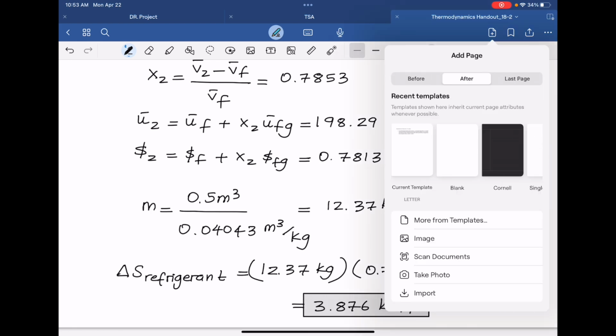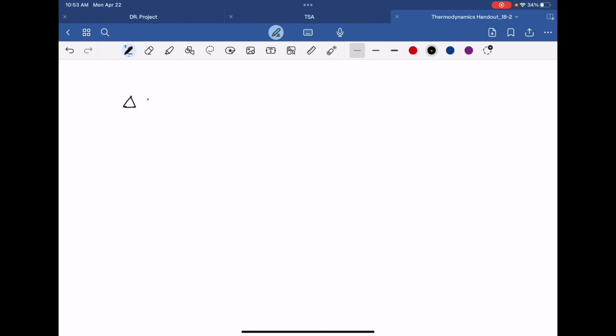To calculate the source entropy change, we can use Q over T. But we are not given the Q. We don't know what is the heat interaction. But actually we can find it from the energy balance, because we know how properties changed from first to second state. This would help us calculate what amount of heat needs to get into the system to achieve that property change.